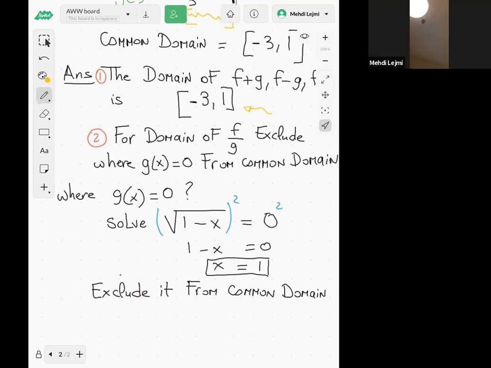Now, what I'm saying is that for the domain of f over g, we have to exclude +1, because that's where g is 0, and we are dividing by g, so we are not allowed to divide by 0, of course.